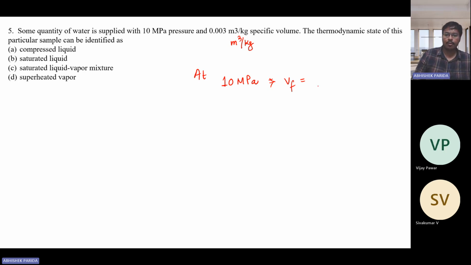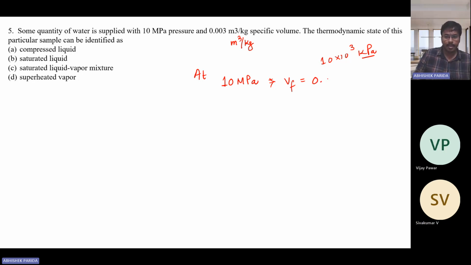So you have to check for 10 into 10 to the power 3 kilopascal. Megapascal means 10,000. So just check at 10,000 how much is the specific volume? Yes, you are right, 0.001452 meter cube per kg.